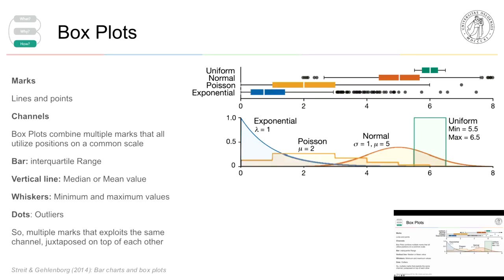So these are all multiple marks that exploit the same channel, right? Position on a common scale, but they have been juxtaposed on top of each other in this very clever way. So it's a very effective type of visualization, very effective technique.